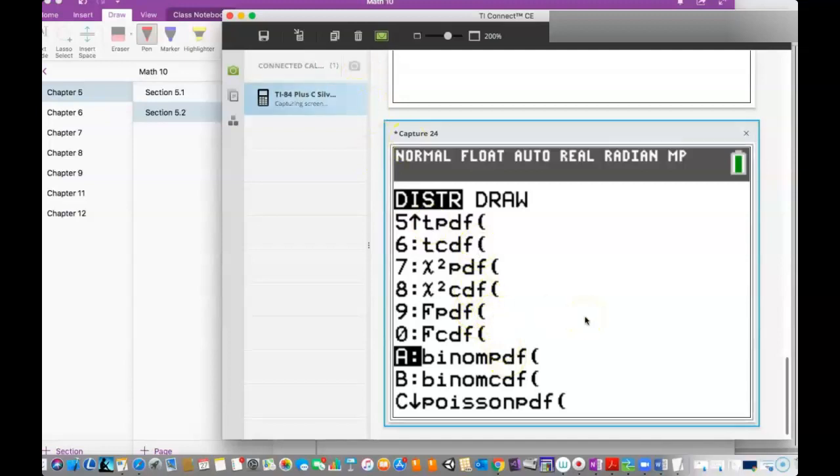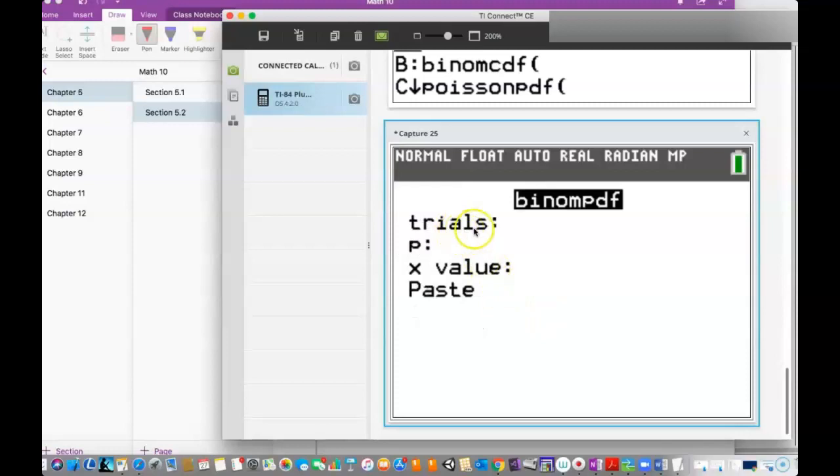On this page, we have number of trials, probability of success, and x. So enter all these. For number of trials, we have 15. Probability is 80%, and x is 10 flights.